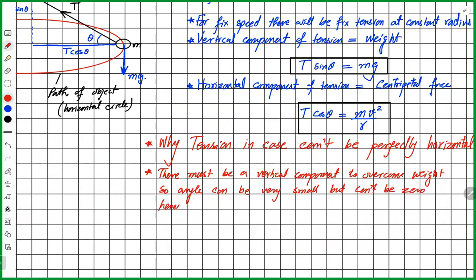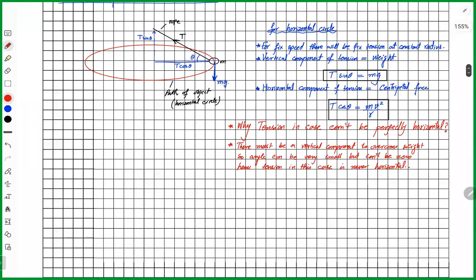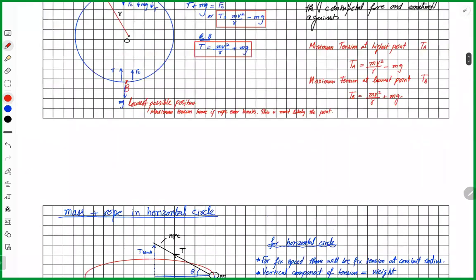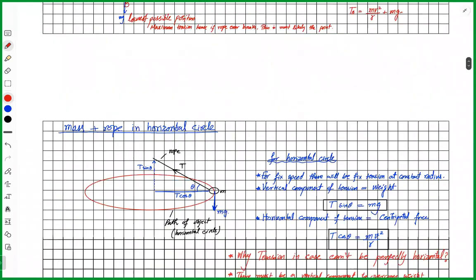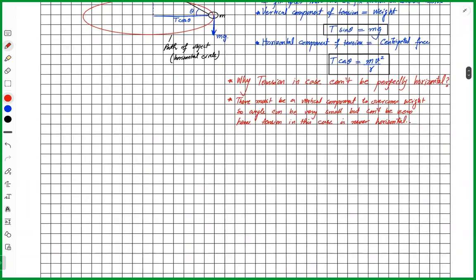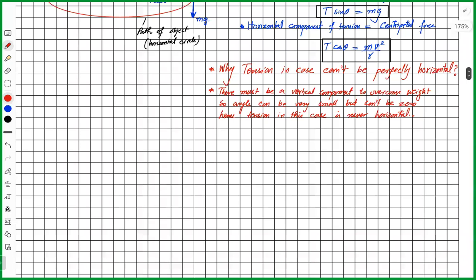Hence, tension in this case is never horizontal. Okay, this is the case of vertical circle and horizontal circle, and they very commonly appear in exams.